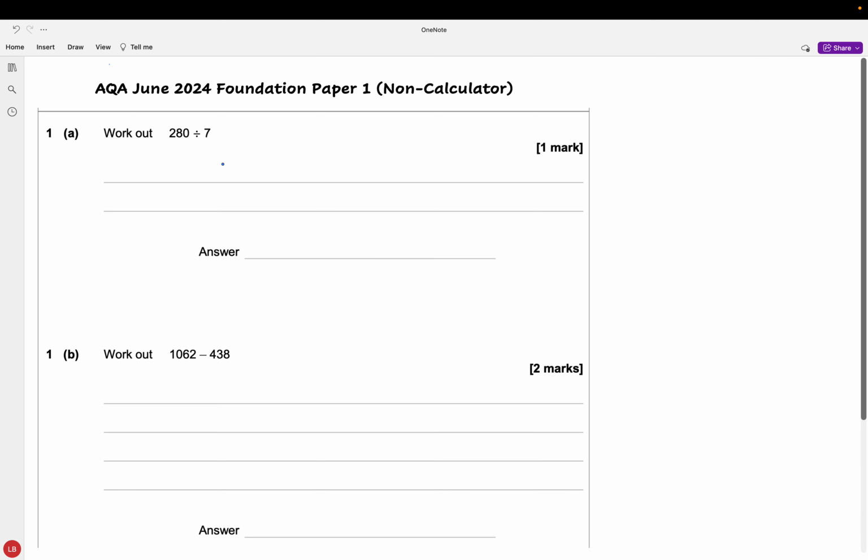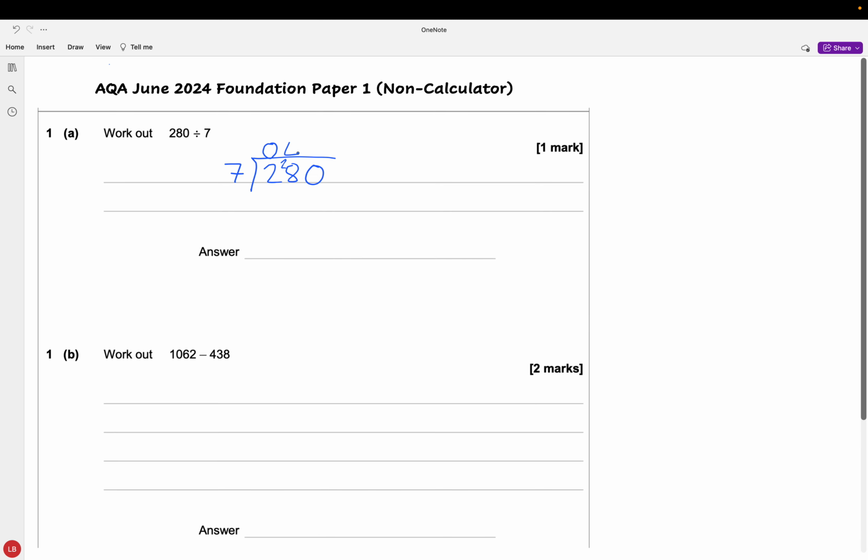So a lot of people will go with the bus stop method, which rewrites the division as how many times does 7 go into 280. So 7's into 2. It won't go, so we put a 0 there and we'll carry the 2 across to try again. 7 didn't go into 2, so how about 7 into 28?